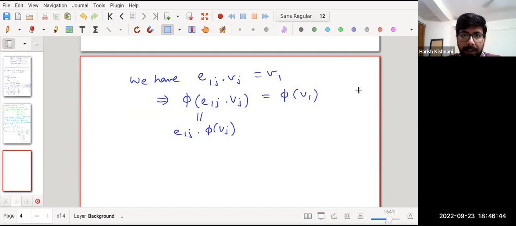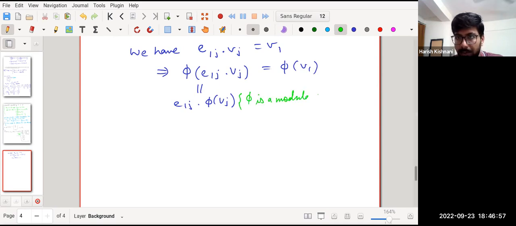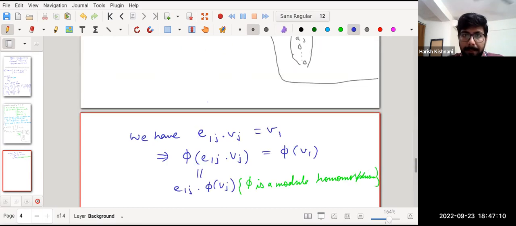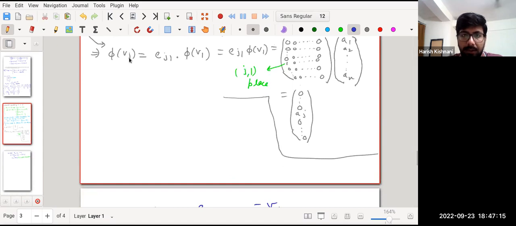Phi of E_1j dot Vj has to be phi of V1. But as phi is a module homomorphism, you can take this scalar outside, and you will just have E_1j dot phi of Vj, but you have already seen what that will give you.